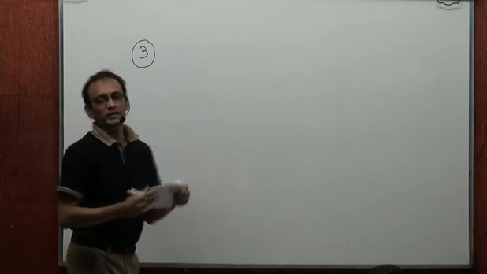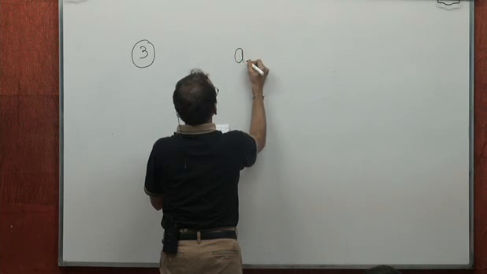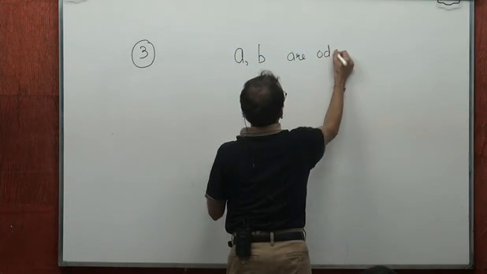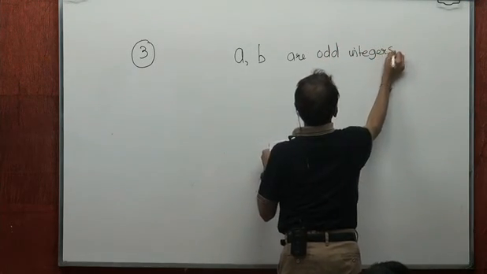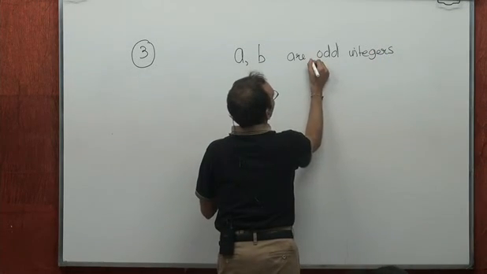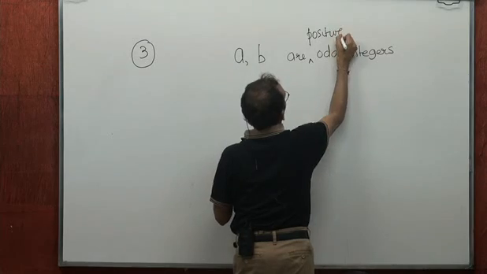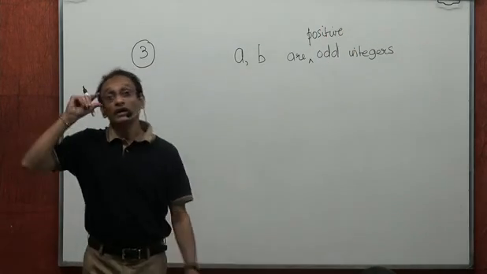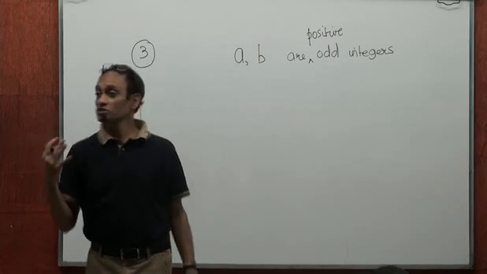What's given in the next problem is A and B are odd positive integers. See, if A and B are odd, their difference will always be even, isn't it?